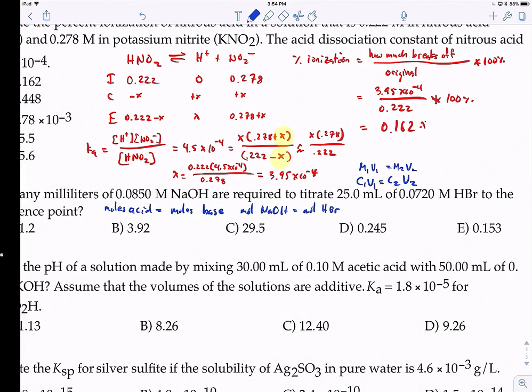All right, so since it's 1-to-1 molar, you can do that directly. So let's see here, 0.85 times x equals 25 times 0.072.